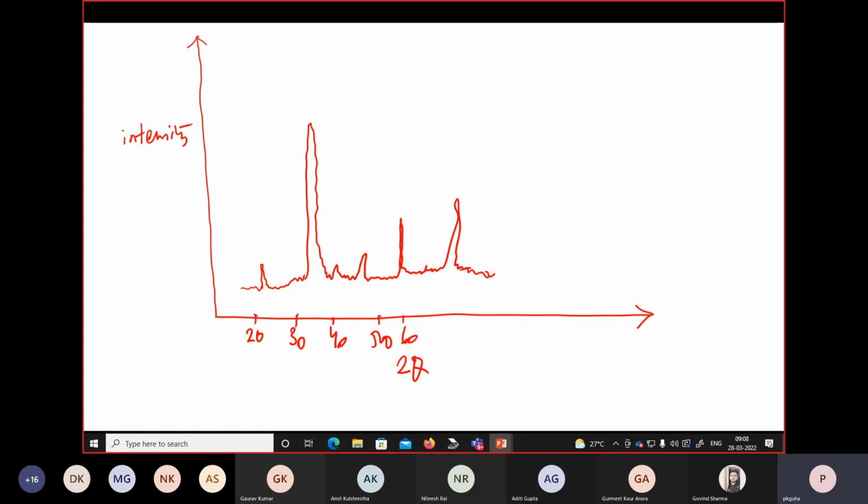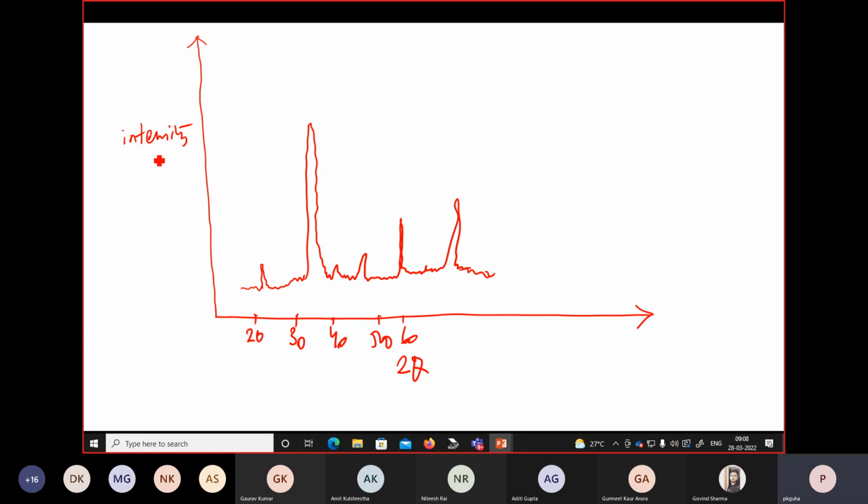Now I hope you probably have heard about Miller indices. Miller indices is a technique of representing crystalline planes. If you see an XRD output, you will get this kind of peaks.